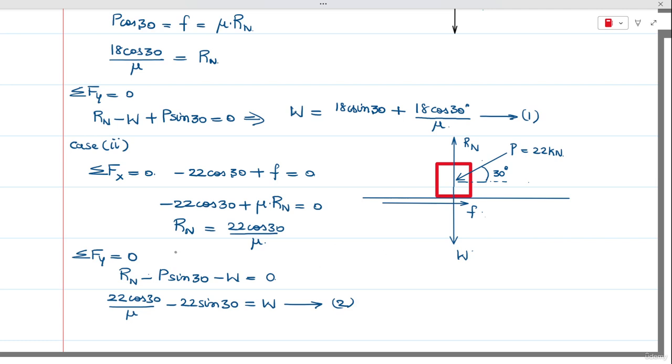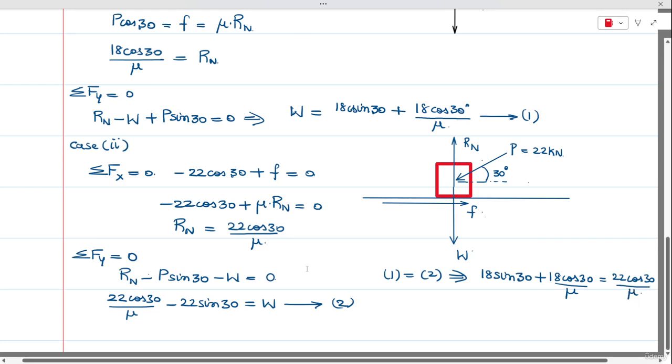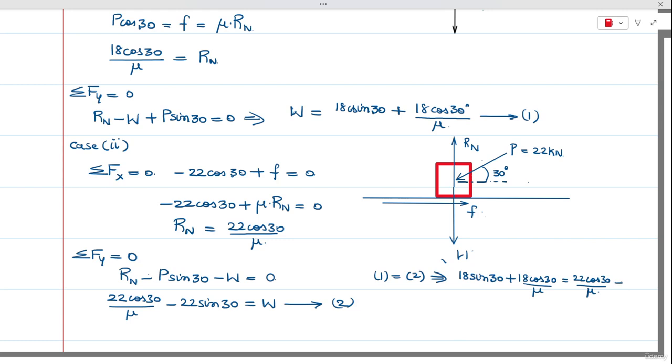Upon equating 1 and 2, we write 18 sine 30 plus 18 cos 30 by mu is equal to 22 cos 30 by mu minus 22 sine 30.